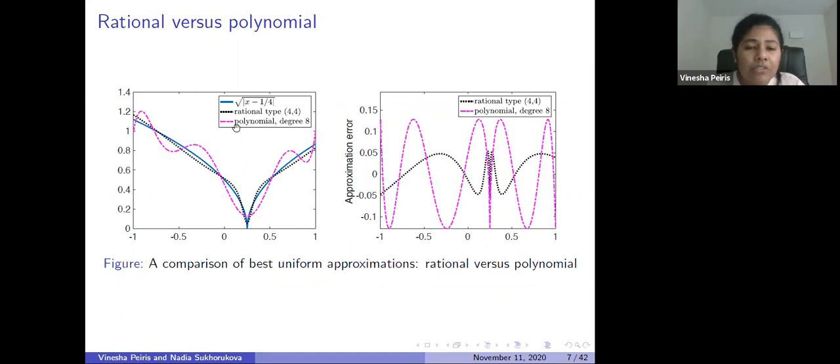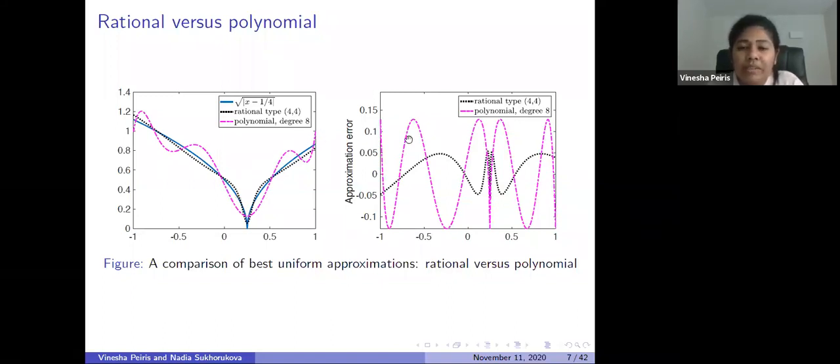And this pink function is the polynomial approximation of degree 8. So we have 9 parameters in total. For both rational type 4 and polynomial degree 8, the dimensions are the same, 9. The rational approximation is very accurate and very close to the original function. But the polynomial approximation cannot even catch this abrupt change in the original function.